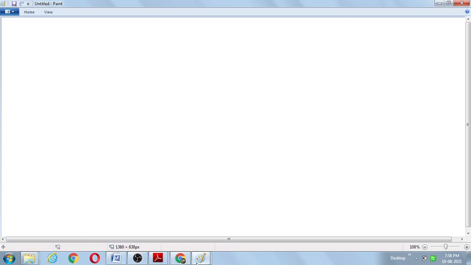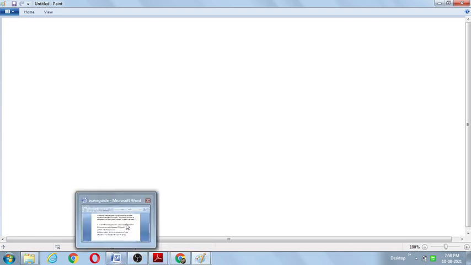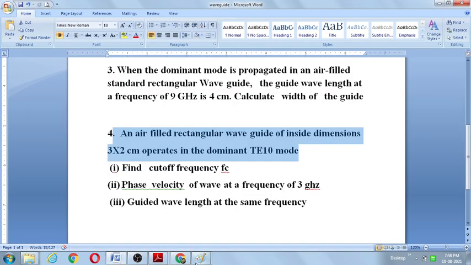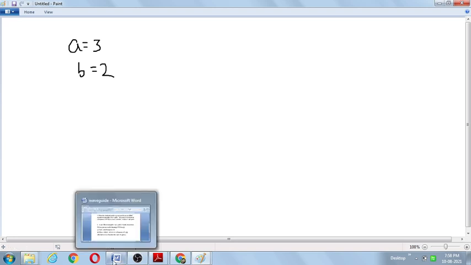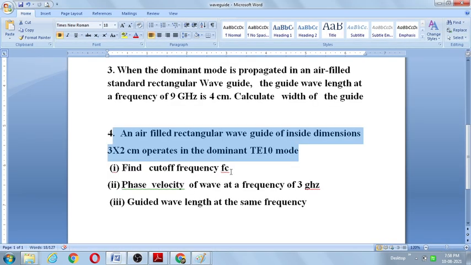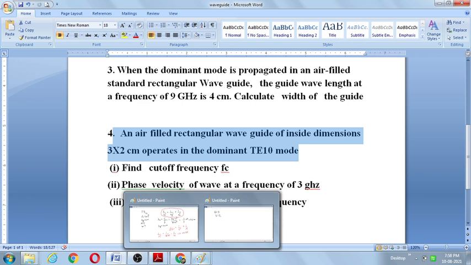So just observe the given data. Here small a is equal to 3 centimeters and small b is equal to 2 centimeters, and it is operated in dominant mode TE10.